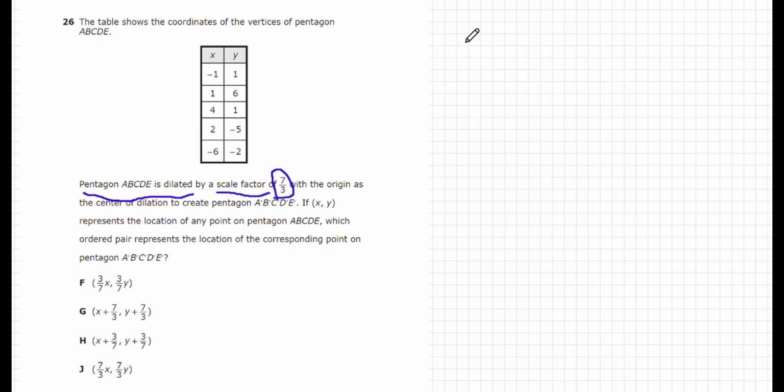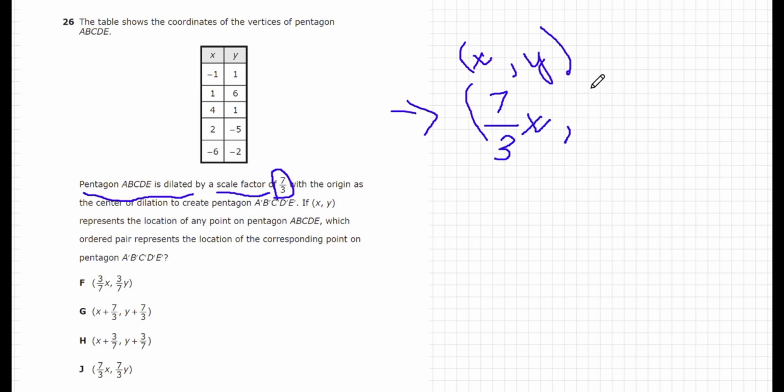If (x, y) represents the location of any point on pentagon ABCDE, which ordered pair represents the location of the corresponding point on pentagon A prime B prime C prime D prime E prime? Pentagon ABCDE is dilated by a scale factor of 7/3. Dilated means changes the size of a shape, so multiplied by 7/3. J is the correct answer here.